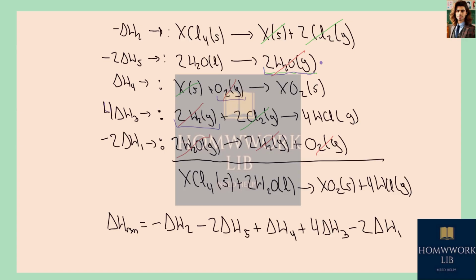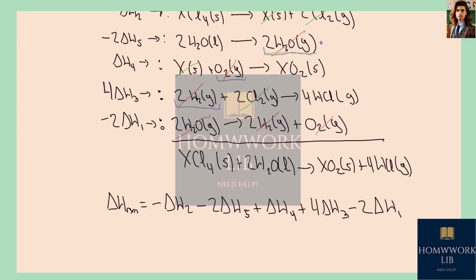Replacing the values, we get, on the first one, this is minus 300.7. All of this is going to be in kilojoules. Minus 2 times delta H5, that is negative, so this becomes plus 2 times 44 kilojoules.